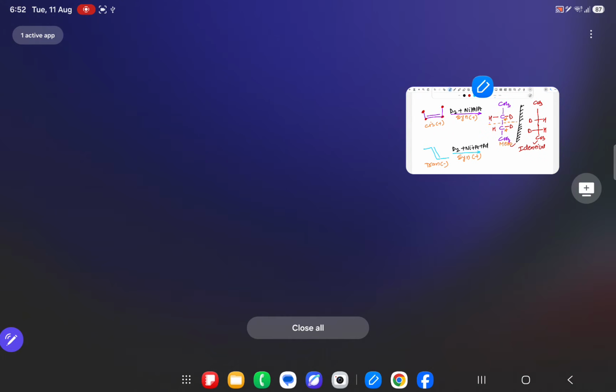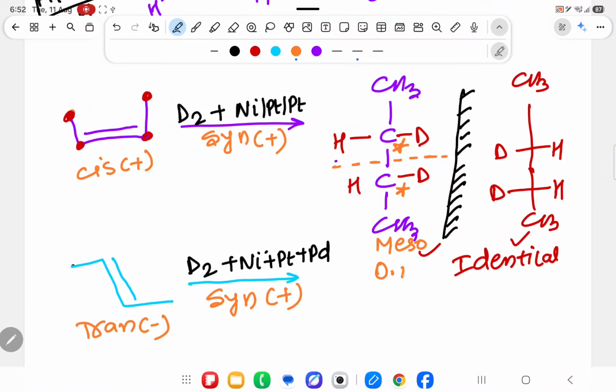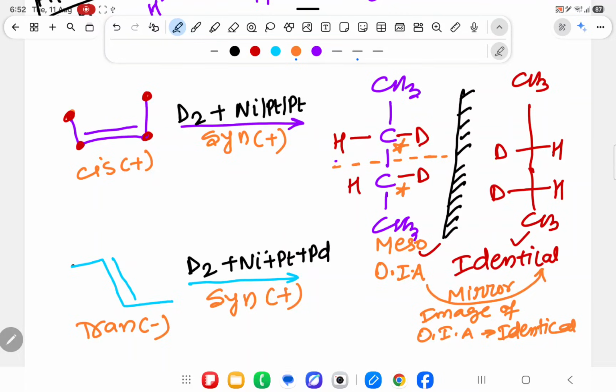So this is an optically inactive compound, and the mirror image of an optically inactive compound is always an identical compound, and that can also be written as homomers.